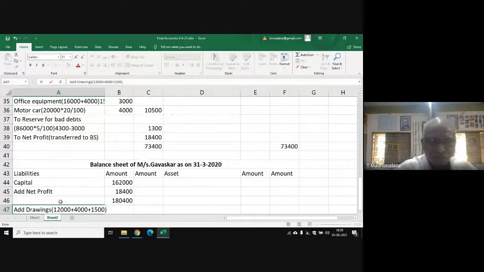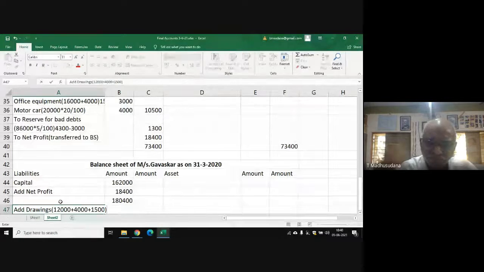This 12,000 is the actual drawings given in the trial balance. This 4,000 is the insurance premium paid on his personal policy, and 1,500 is the depreciation on his building used for his personal or residential purpose. So these 3 are to be clubbed together.